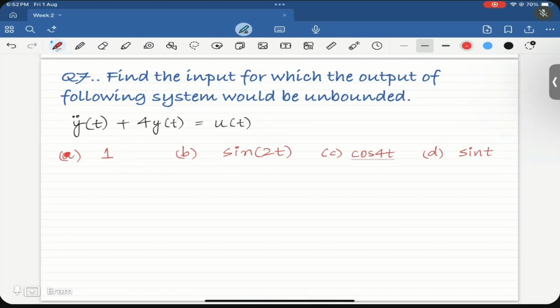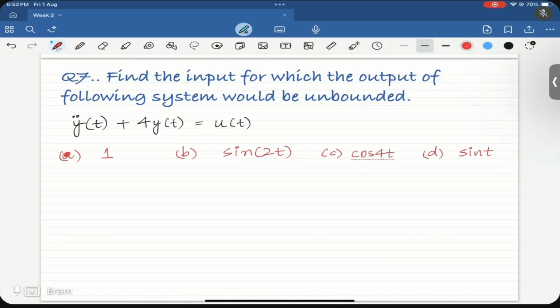If you have understood the previous question, you will be able to solve this one. We should take unit step response?